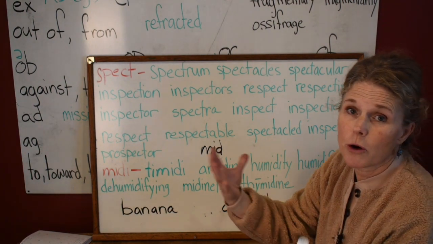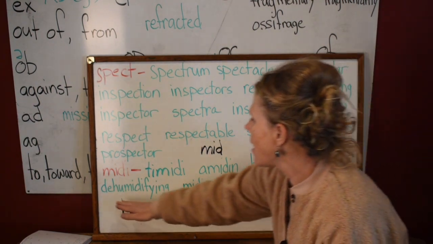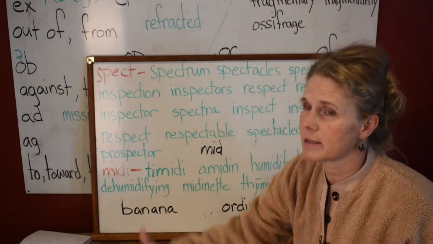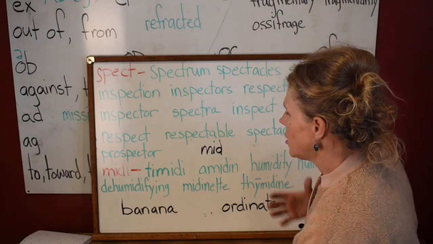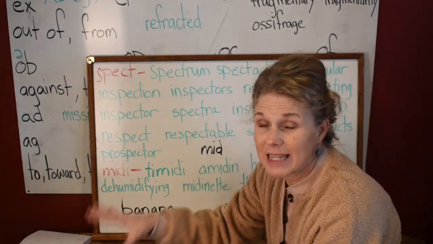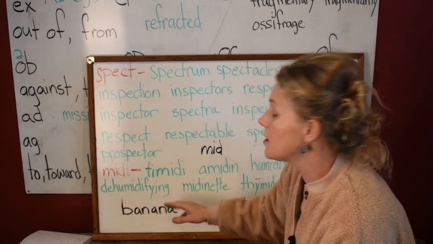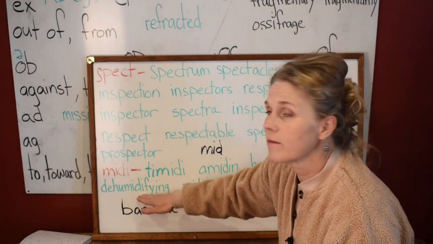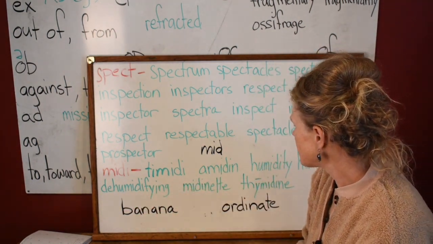So you're putting moisture in the air. Now we have dehumidifying. You're in the process, right? You're progressing. This ing means progressing. D means down and away. So dehumidifying, you're taking away, you're taking it down. You want to get rid of the moisture that's in the air.